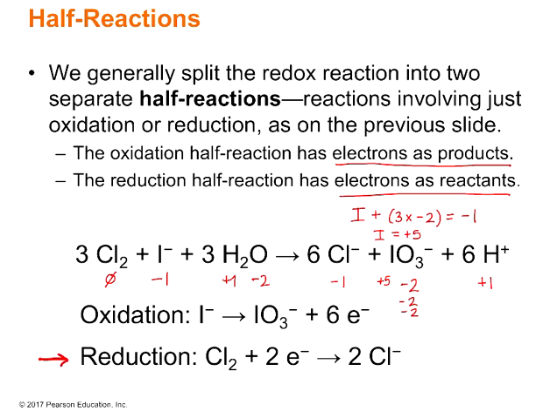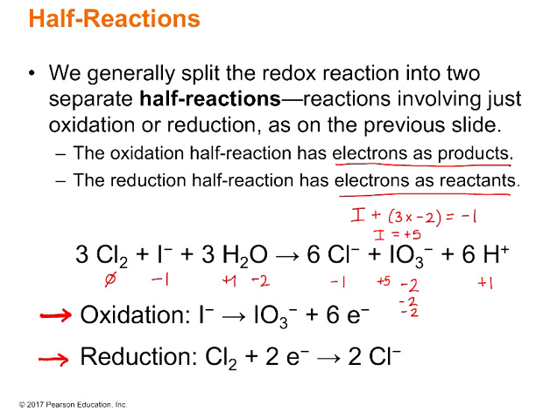And then iodide became iodate, so it gained oxygens, but it lost electrons overall, so that would be oxidation. All right, so again, we can take what we know about the transfer of electrons for a reaction and split up the reaction into oxidation and reduction, so the 2 half reactions.